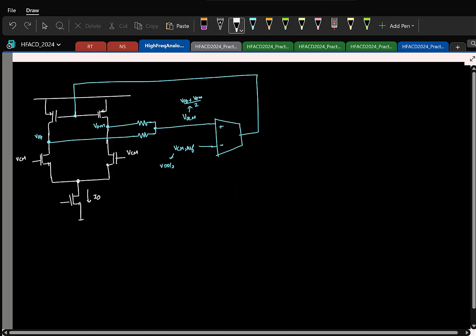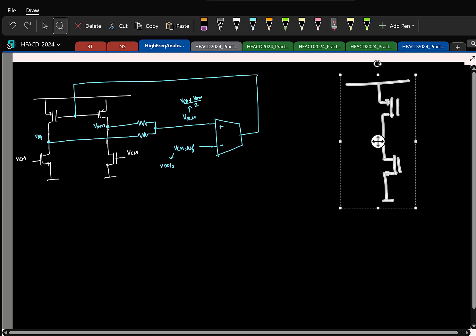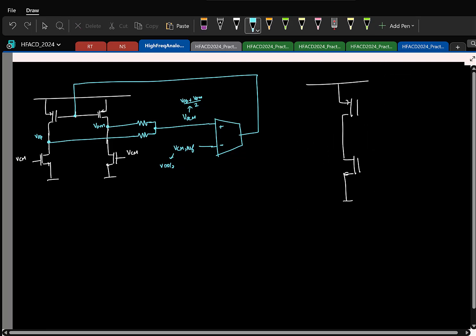If I redraw this, I'll have the top side PMOS. Of course, we have two times the transistor, I'm not showing that explicitly. For simplicity, let's assume we take a pseudo differential case like this. So the common mode half circuit is going to look like this, and then you have the rest of the guys.